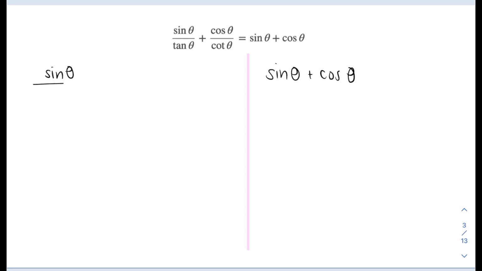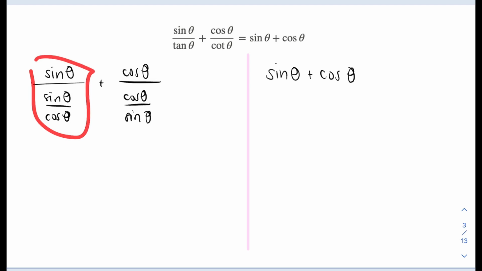So I'll have sine of theta over sine of theta over cosine theta plus cosine theta over cosine theta over sine theta. And because my final answer is just sine plus cosine, that encourages me to see if I can cancel here because I already have two things being added together, right?